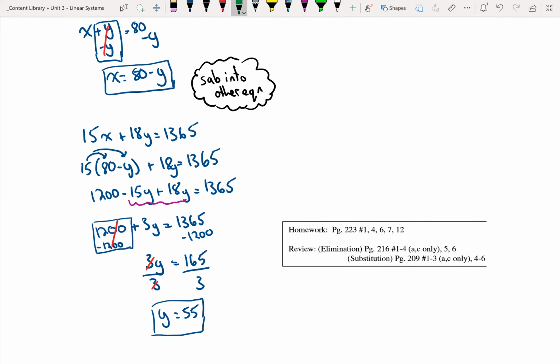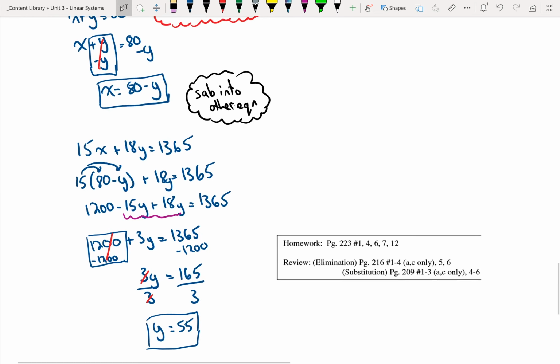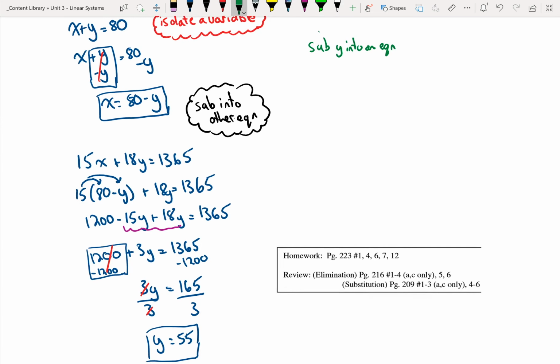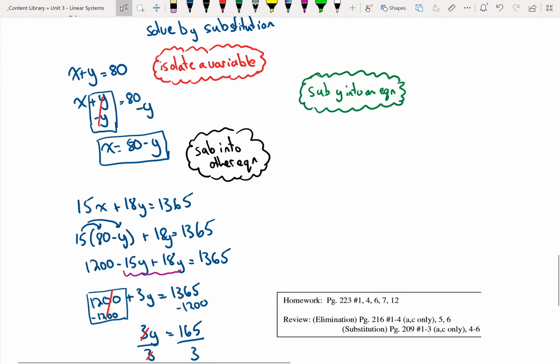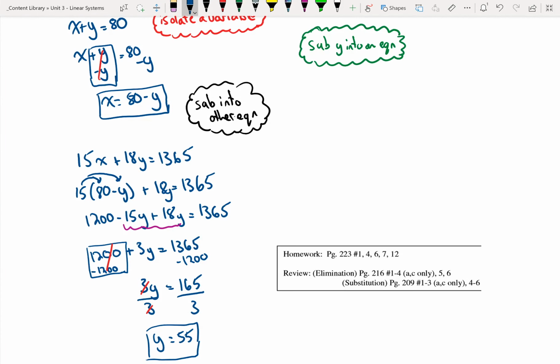So again, the last step once we find one of them is to go back up and sub y into an equation. If I'm going to sub y into an equation, I'm going to use the easiest one.